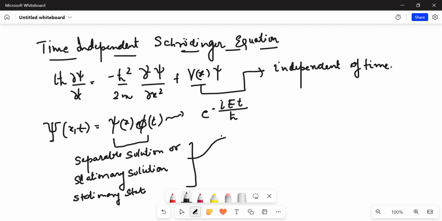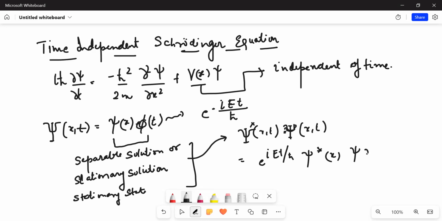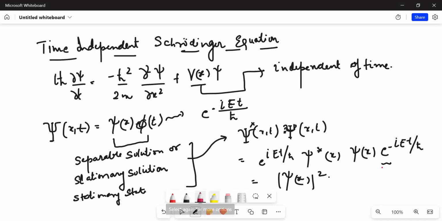So if I do ψ star ψ, I know that this is going to be e to the power iEt upon ħ times ψ star of x, then ψ of x, and then e to the power minus iEt upon ħ. So what you're going to get is simply mod ψ whole square, and we see that this time dependence drops out.